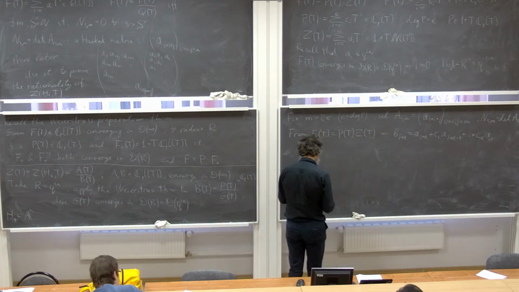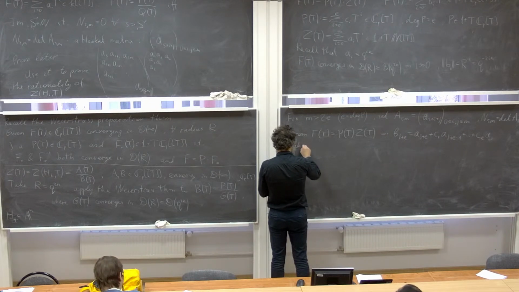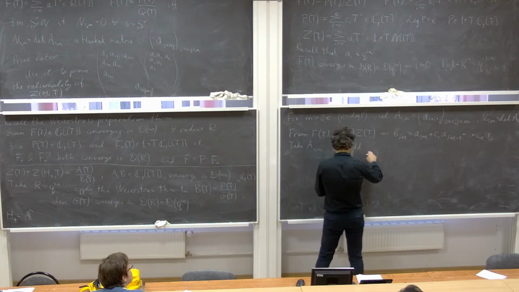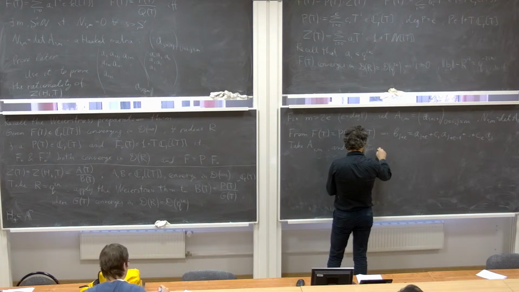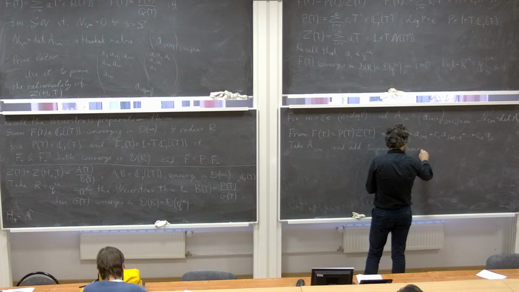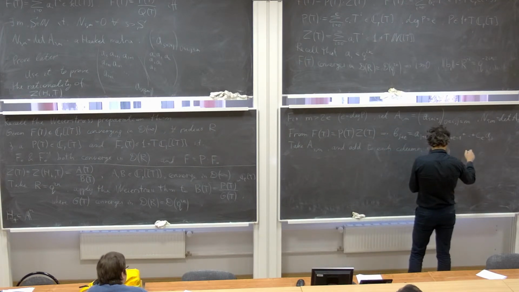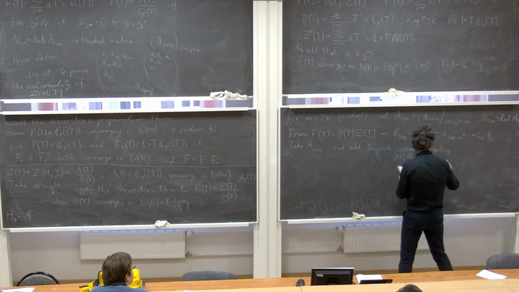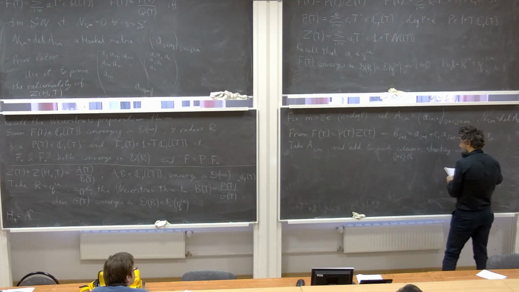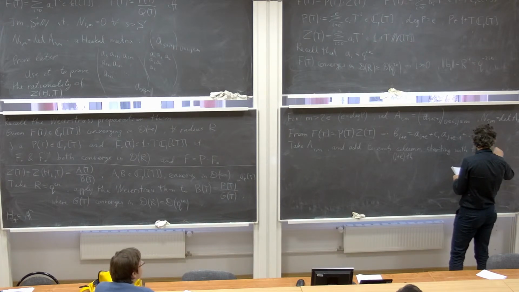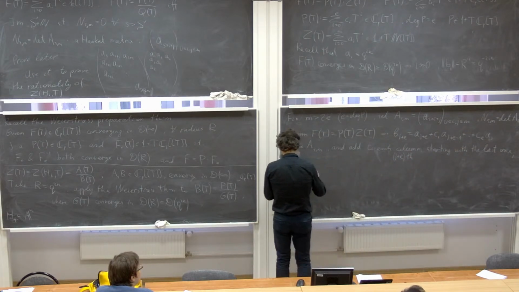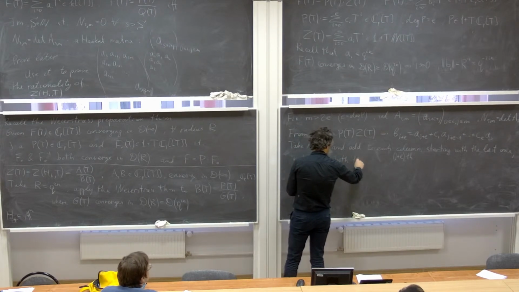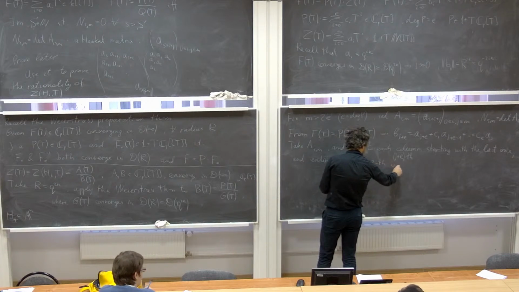So we have this, and now take our matrix A_S,m, and add to each column, maybe to each j plus e column, starting with the last one and ending with the eth one, from right to left.